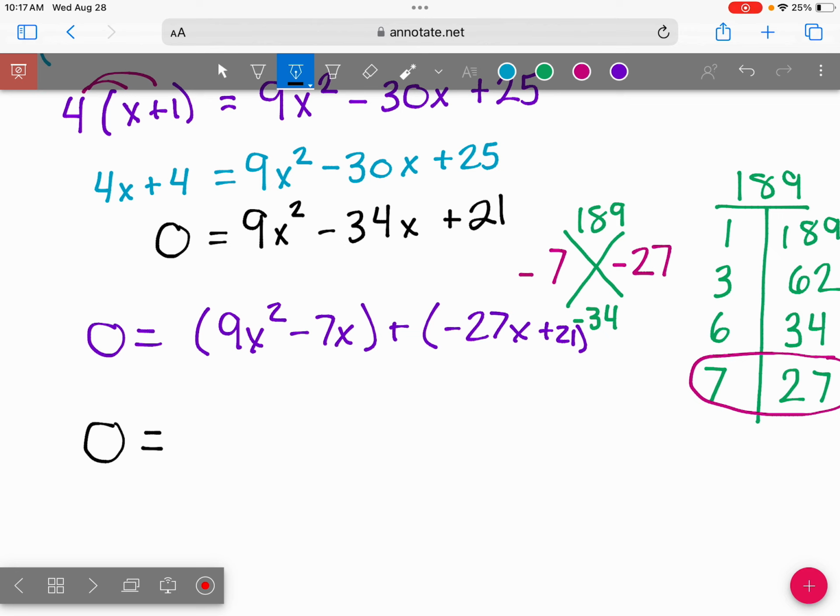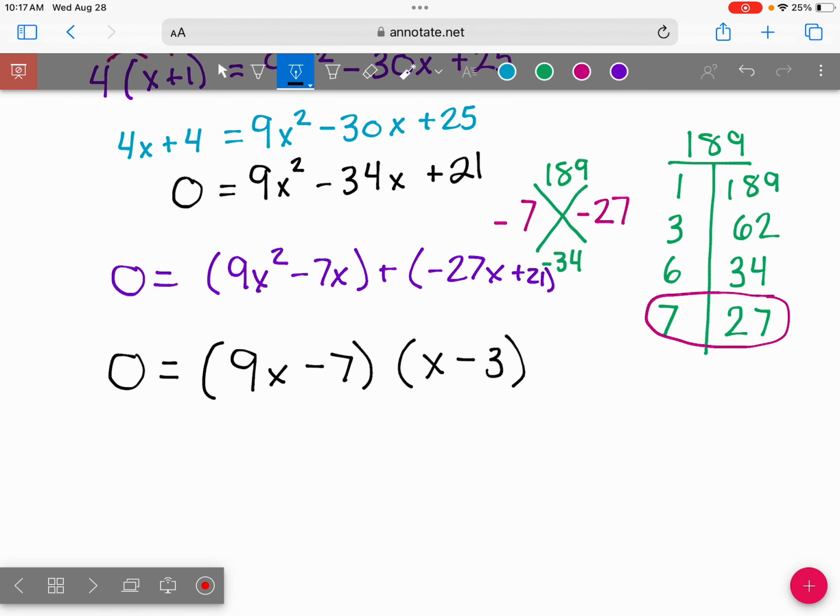So what is our factored form? (9x minus 7)(x minus 3). So what are our solutions? x equals 7/9 and x equals 3.